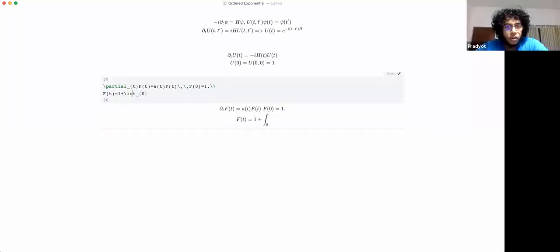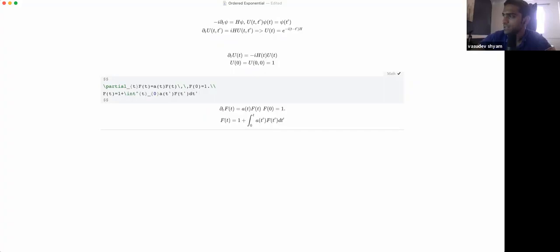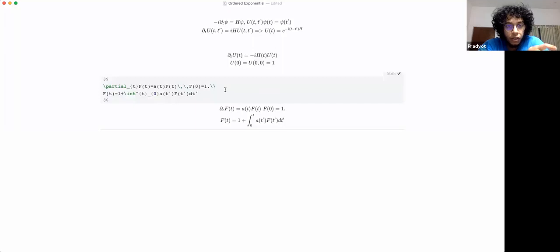Integral from 0 to t, the initial to whatever time you want, a of t prime, f of t prime dt prime. Exactly. We can check that if I take the time derivative of this, bring the derivative under the integral sign, I would get the above equation.